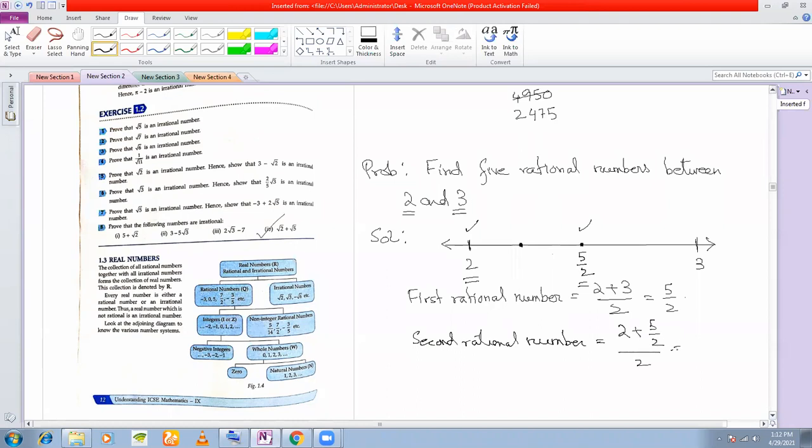Now if you take the LCM, you get 4 plus 5 divided by 2, which is 9 by 4. So this point is your 9 by 4. So you have inserted 2 rational numbers.